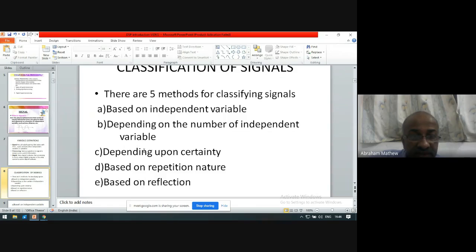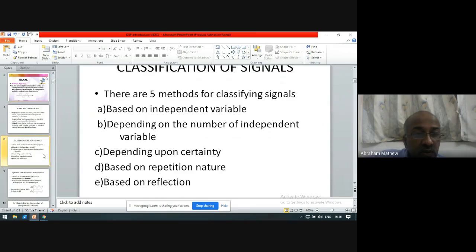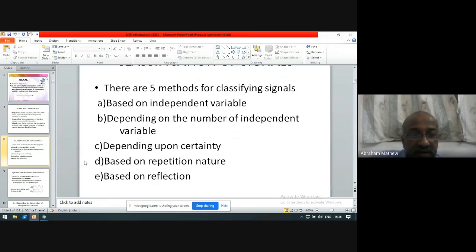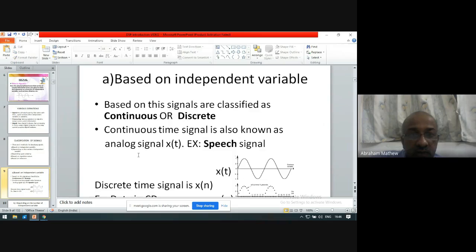Again, we can classify based on repetition nature, etc. So these are the ways in which we can classify signals. Now, based on independent variable, we can classify signal as continuous or discrete.